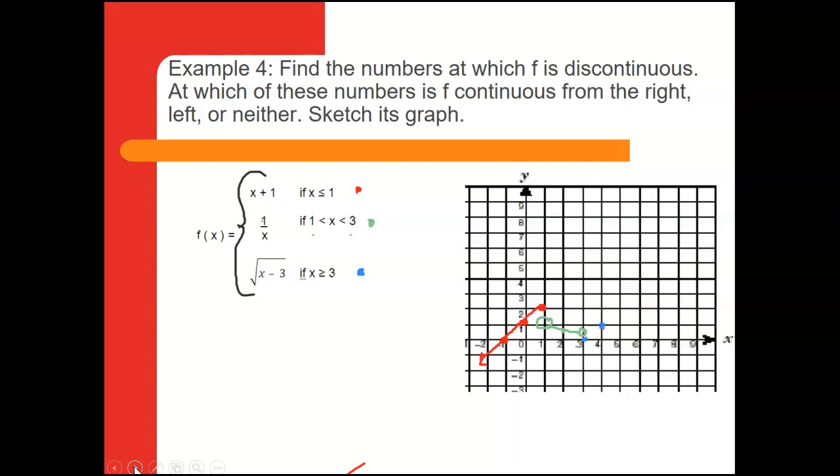So then you have the point 4, 1. And then I would plug in 7, because 7 minus 3 is 4, square root of 4 is 2. So that would be the point 7, 2. And we can see our square root function.